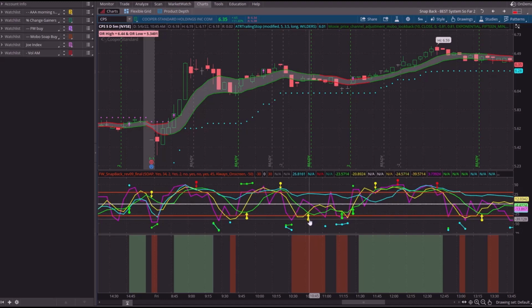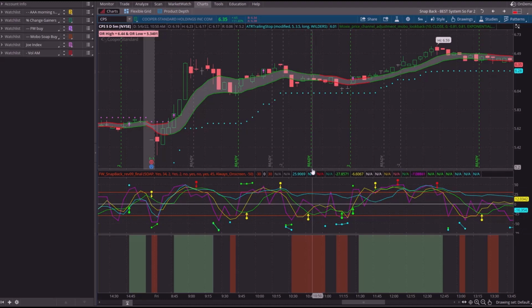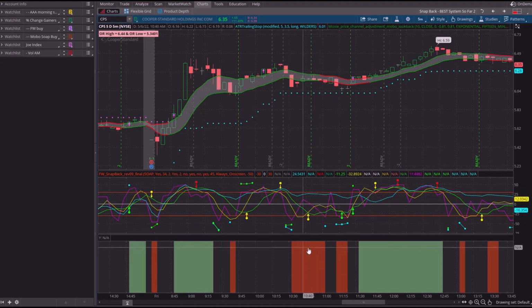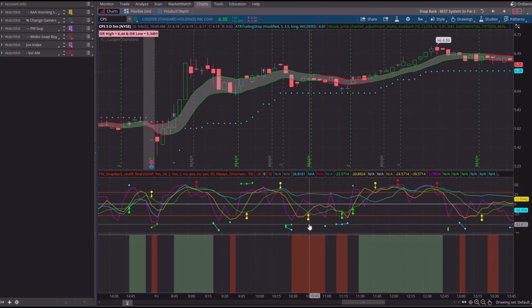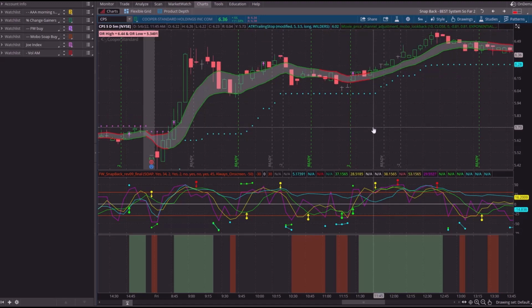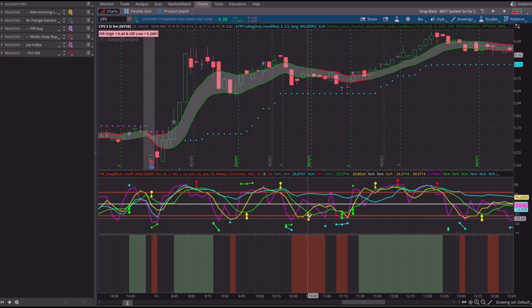Next signal we have here is an up, and then here is a ready. You can see it's red down here, so that would tell you do not purchase. If we were to look here, we had green, we had blue, those were good. We had the arrow, and we had the ready.